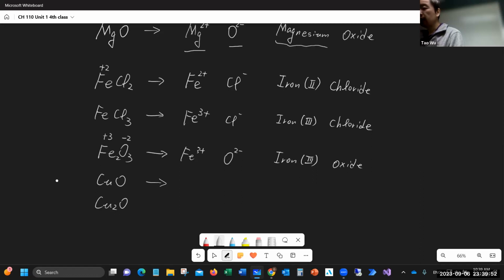And if you look here, this is copper, right? Oxygen is 2 negative, and we only have 1 copper, so this one is 2 positive. So this is copper 2 oxide.